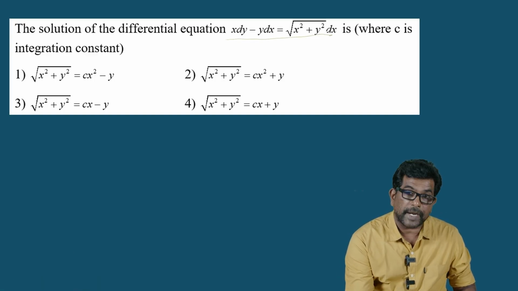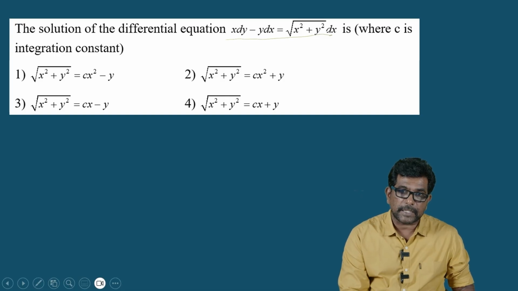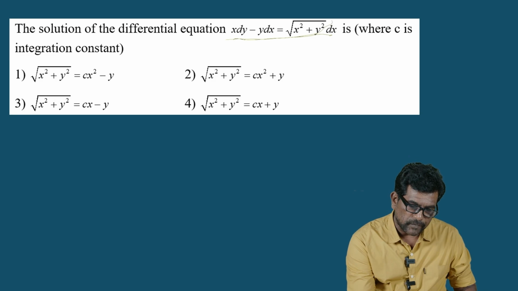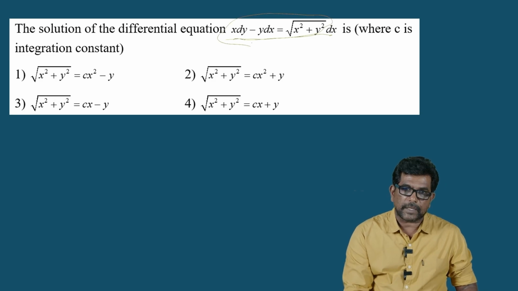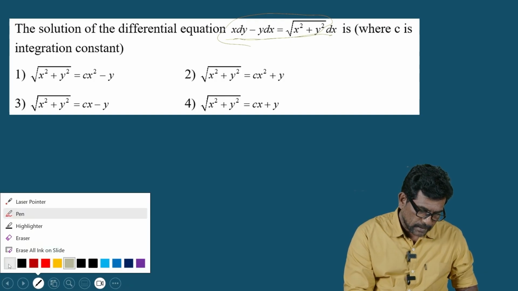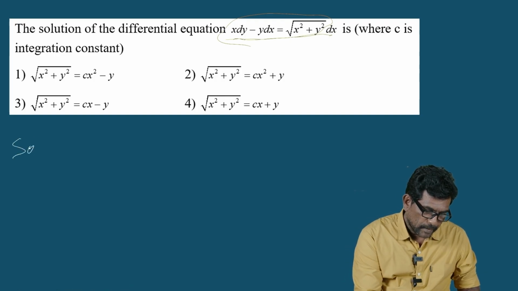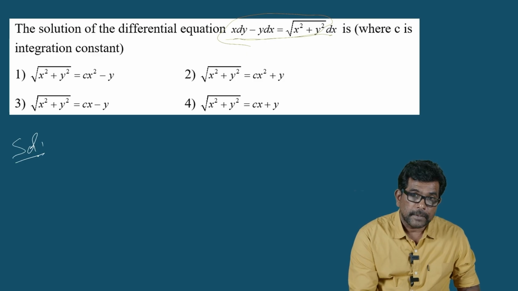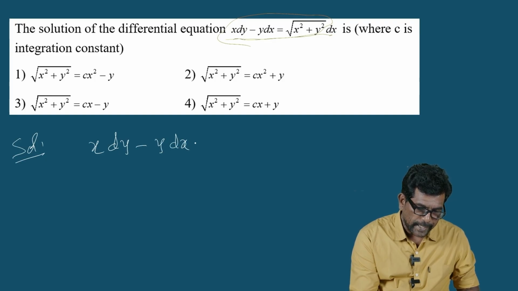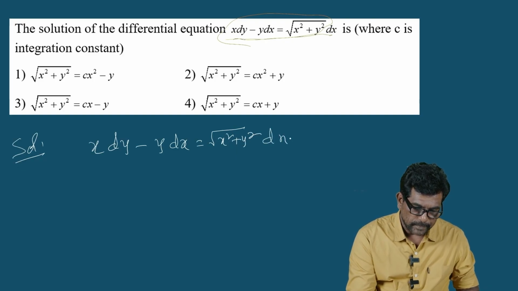By using that, the given differential equation, we are going to write the solution. Directly you observe the given differential equation is x dy minus y dx is equal to square root of x square plus y square dx.